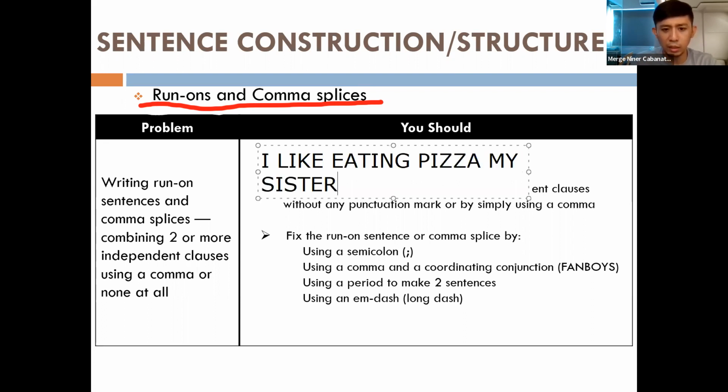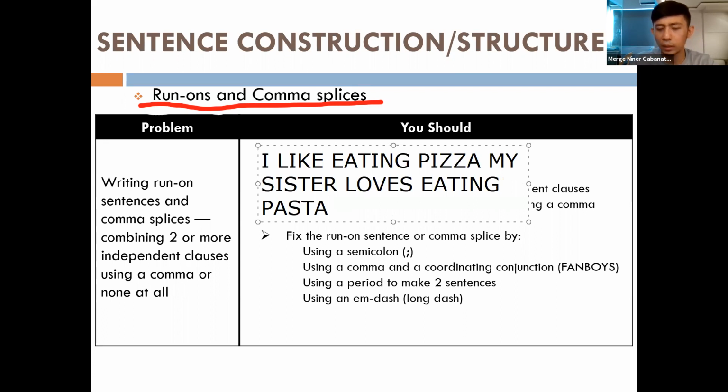My sister loves eating pasta. Yan. So pinagsama ko yung I like eating pizza, my sister loves eating pasta. Pinagsama ko siya in a sentence. So I fused them without putting a comma, without putting a conjunction, or without putting a semicolon.